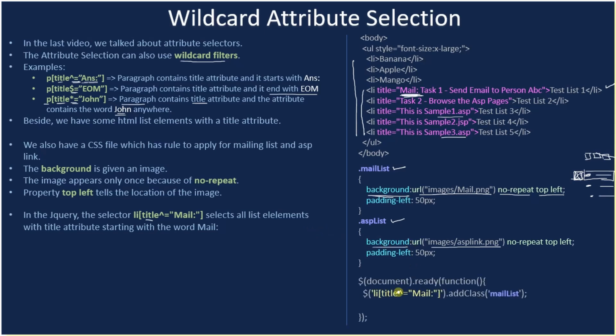in jQuery. To this dollar function, we are just passing this selection string. Then we are adding the class mail list, and since this class is added to the li with title, the mail.png icon will appear just before the list item.